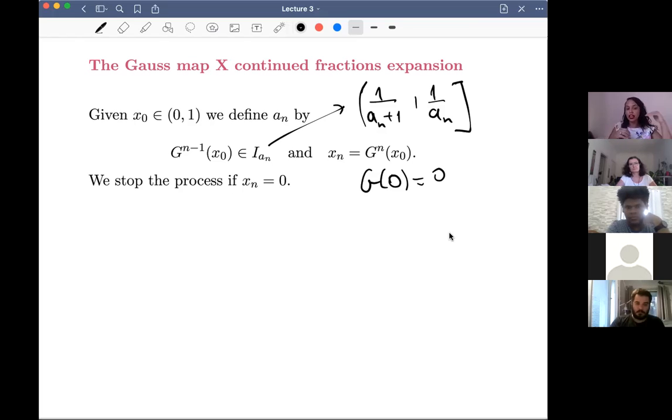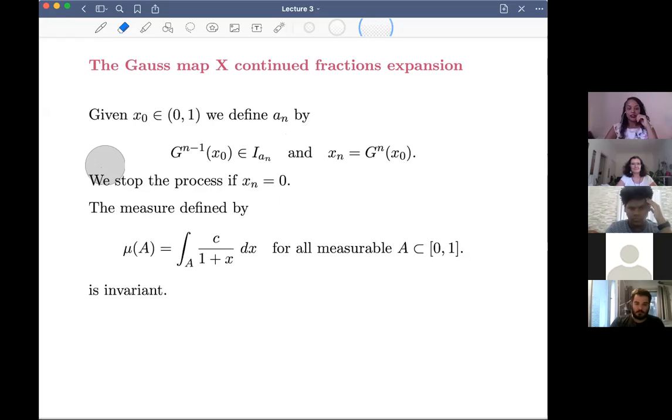It means that the number that you started with was rational already. If one of the x_n's is 0, it means that you started with a rational number. So your expansion is finite. If the number is not rational, the expansion is infinite. Of course, we are more interested in the infinite expansions because the closest rational to a rational is itself.